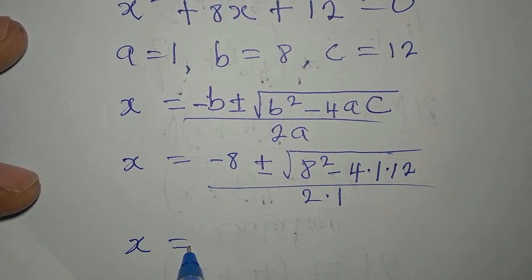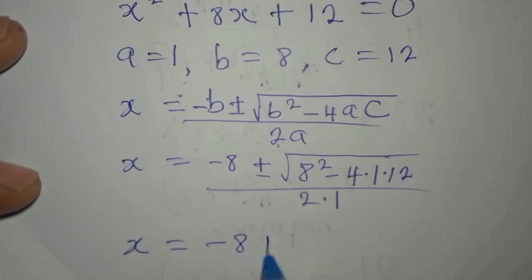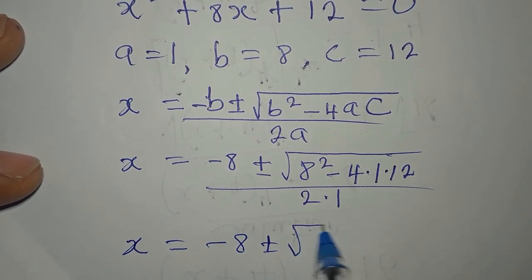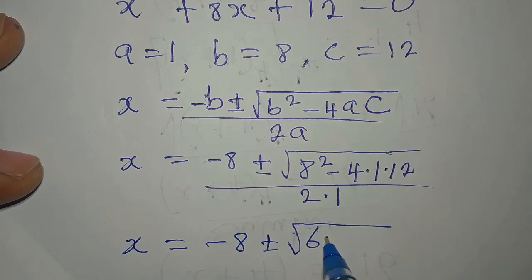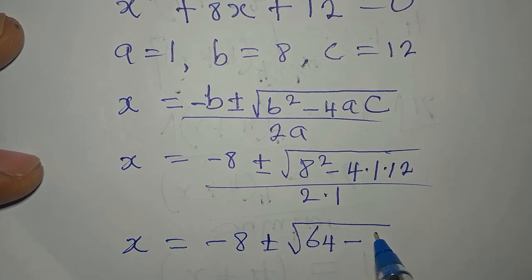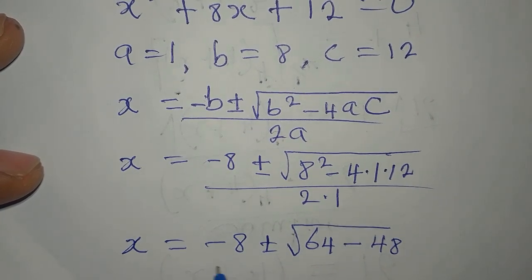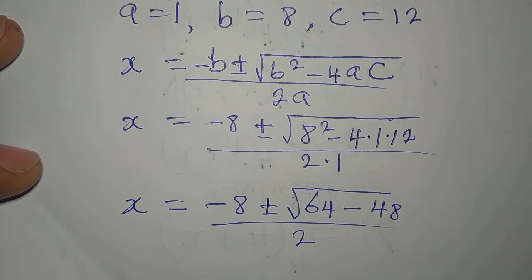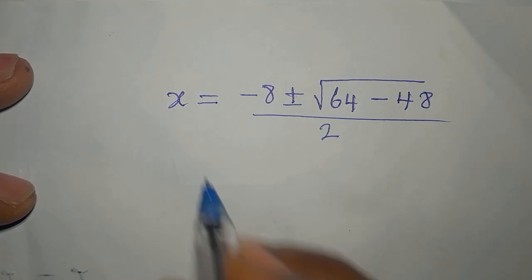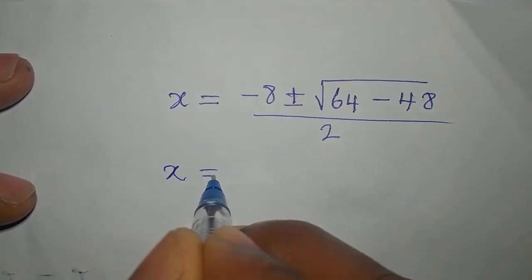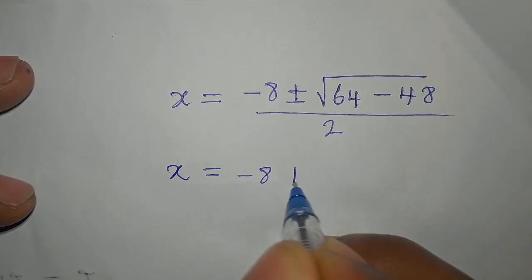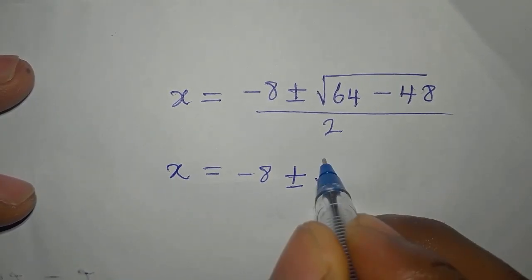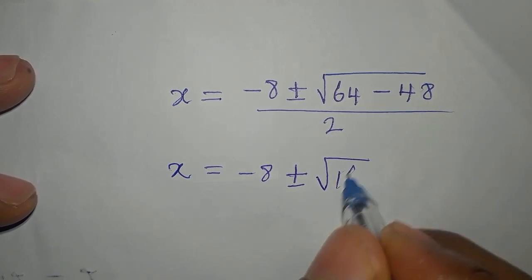Now our x is equal to minus 8 plus or minus, we have square root of 64 minus 48. And then we divide this by 2, right? Okay, so x is equal to minus 8 plus or minus, if we subtract this, we have 16.